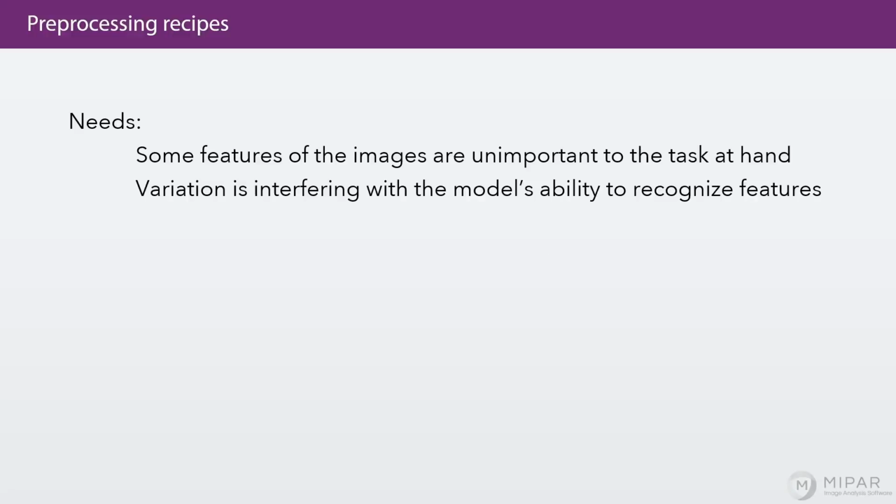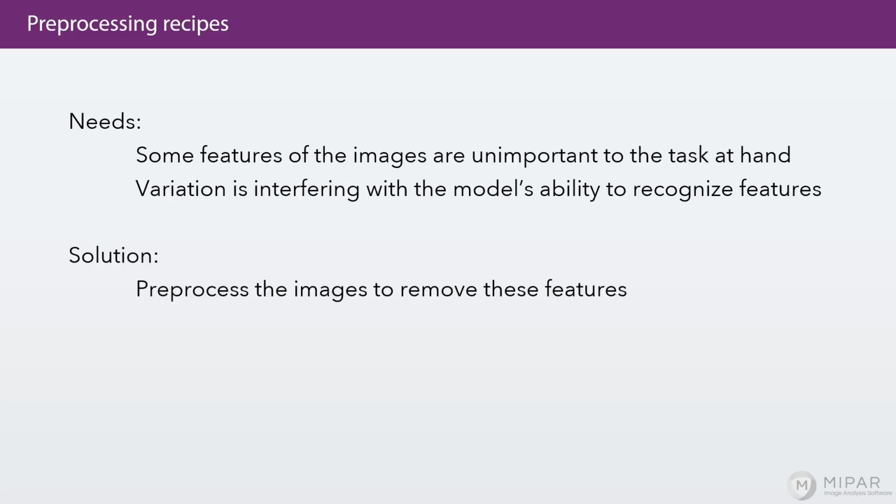Now the last feature that I'll highlight today is pre-processing recipes. And in some ways this is the opposite of data augmentation. Perhaps in your images there's a difference in illumination, or there's shading variation across the image, and you can remove this variation with pre-processing.